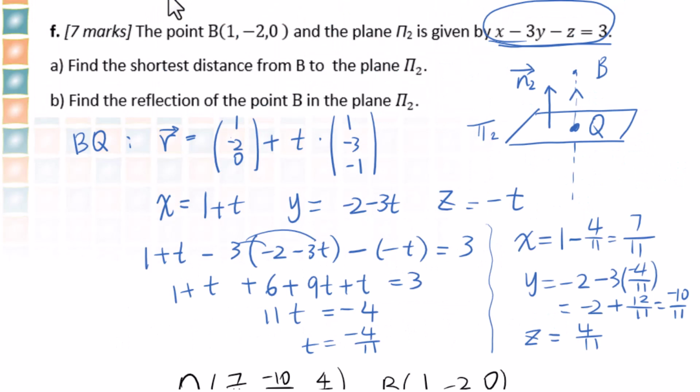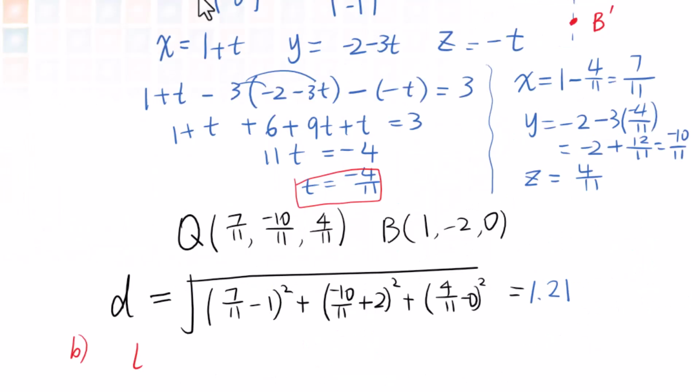Let's go to B. Find the reflection of the point B in the plane pi 2. This will be B prime. We will double this t and then figure out x, y, z for this B prime. t prime equals 2t, that is negative 8 over 11.